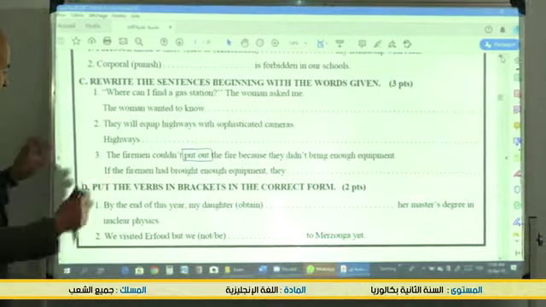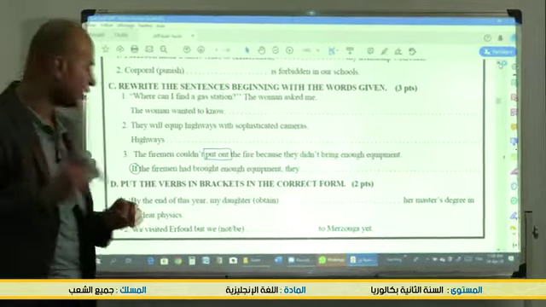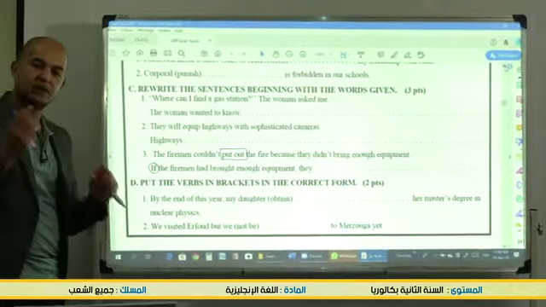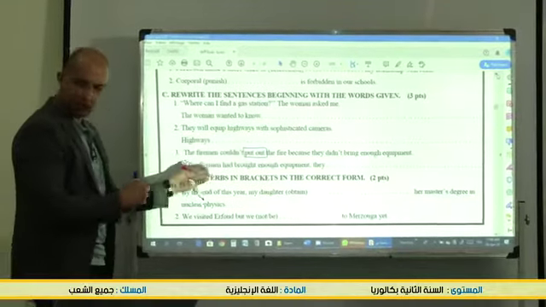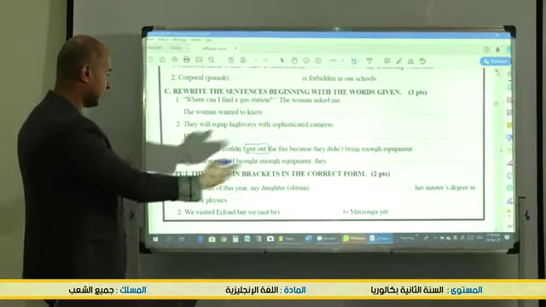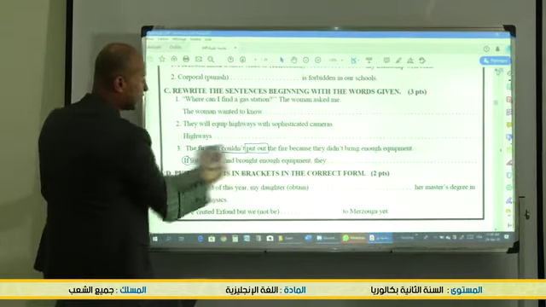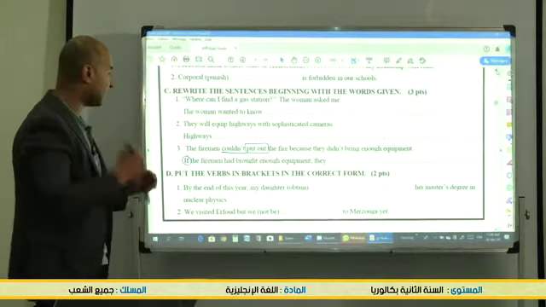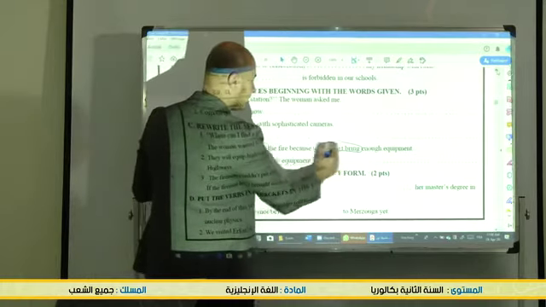Now, we have "if." Which lesson is this? This is the conditional. Very good. Now, how can we know if it's conditional 1 or 2 or 3? By looking at this sentence and the verbs and the modals, of course. So we have "couldn't," and we know that "couldn't" is the past of "can't." And we also have "did not bring," "didn't."